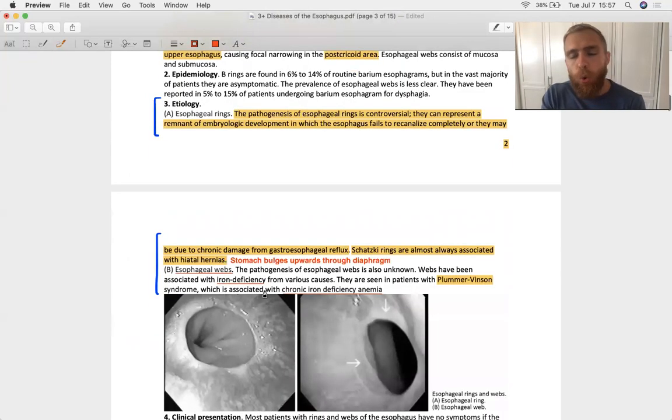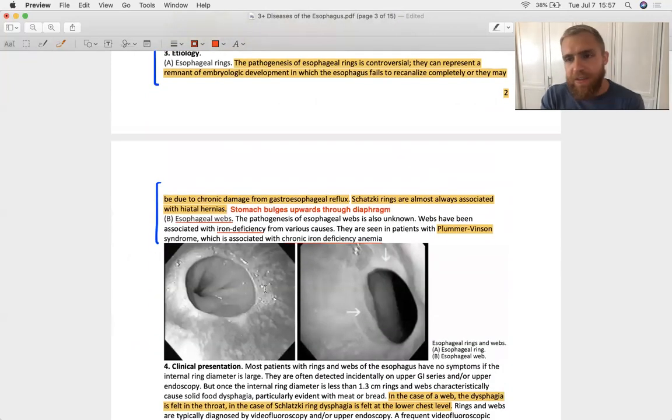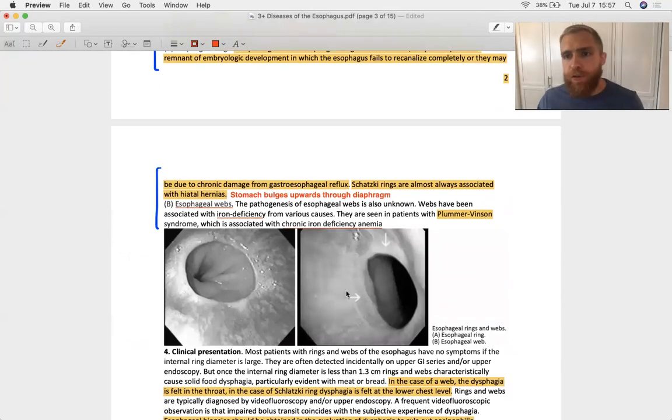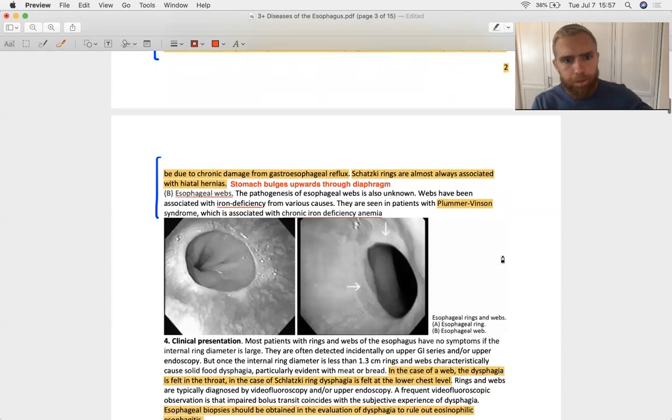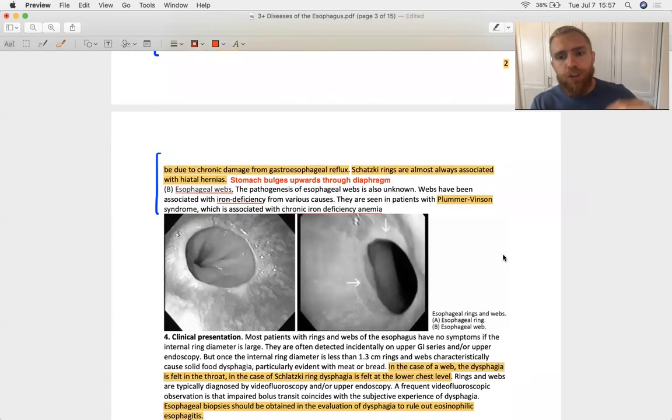Now, an esophageal web is kind of similar, but it's not an esophageal ring. A web is purely membranous in nature. It's got a mucosal component, but it does not have a smooth muscle component. Esophageal webs are diagnosed most commonly on endoscopy. It's pretty tough to catch these things on a barium swallow unless it's a rather large web.